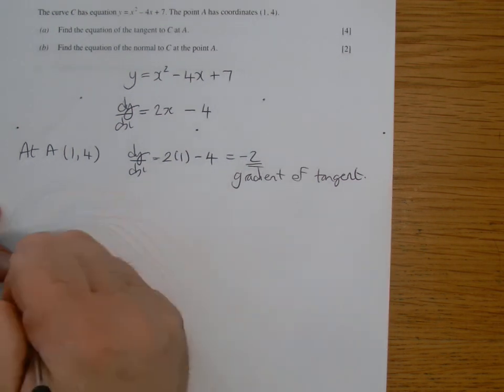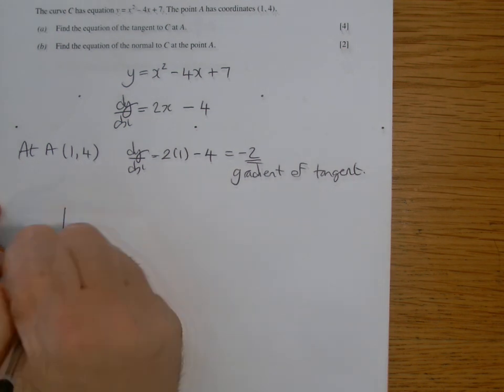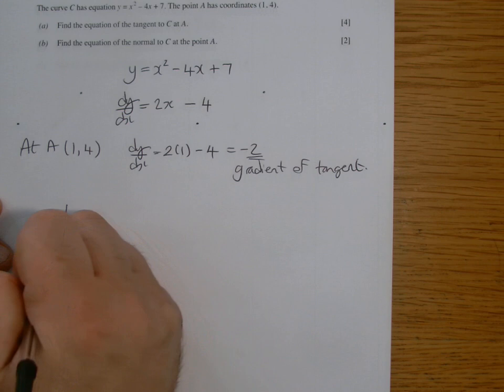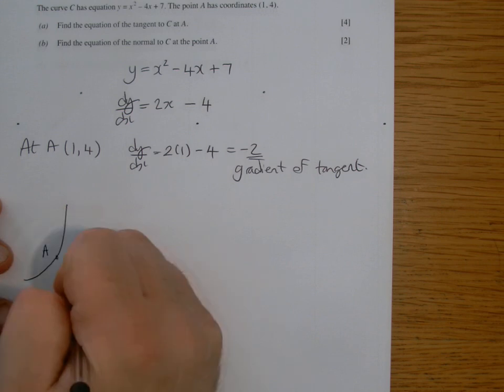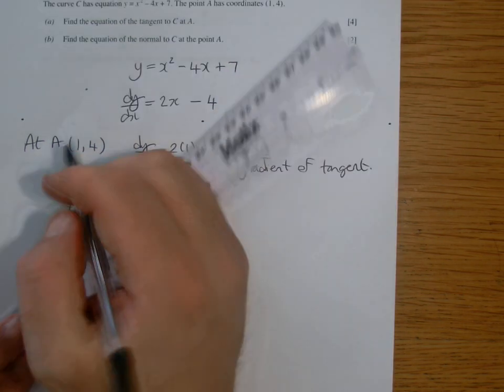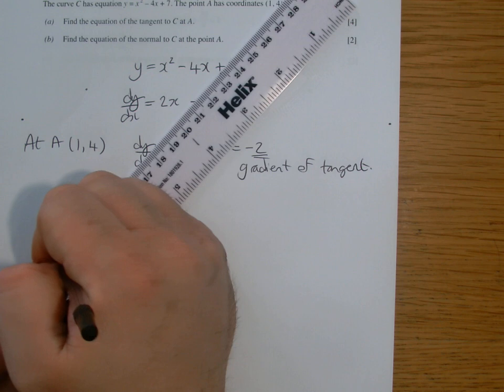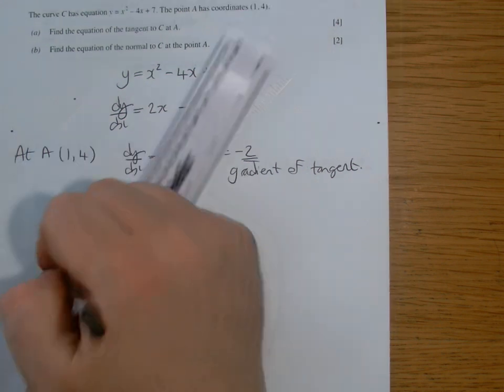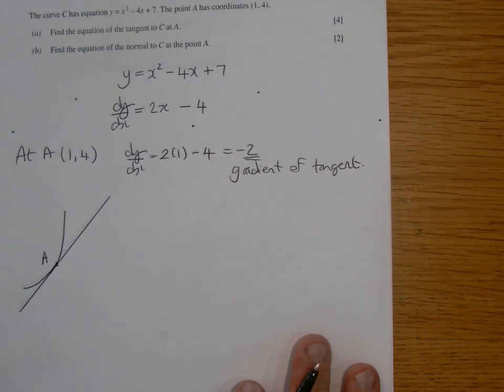So just to remind ourselves of the situation, if I was to draw a sketch of a curve, and then at the point A, of course A has got coordinate (1, 4), then you would need your tangent, so that would be a line that goes the same slope as that curve and just touches at A there, so a rough sketch.